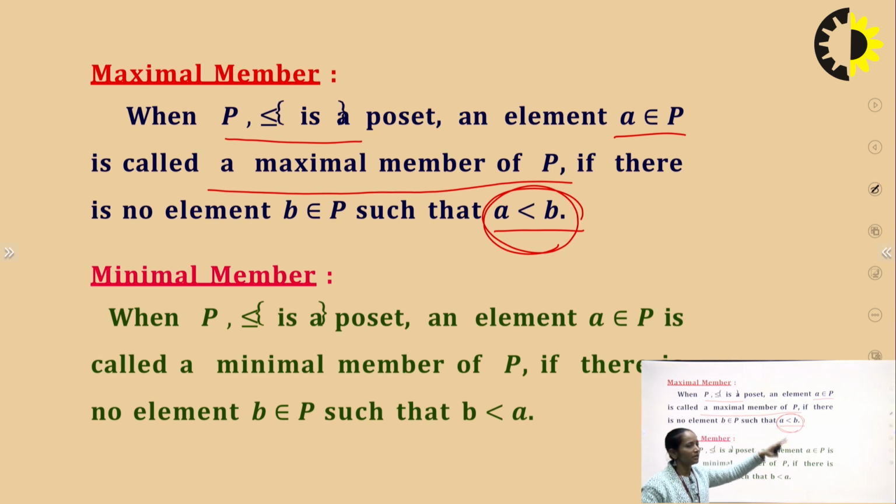Maximal element means we can say that this is the greatest element, but there is no element b such that a is less than b. Same process for the minimal element: when P is a poset, an element a belongs to P is called a minimal member of P if there is no element b belongs to P such that b is less than a.